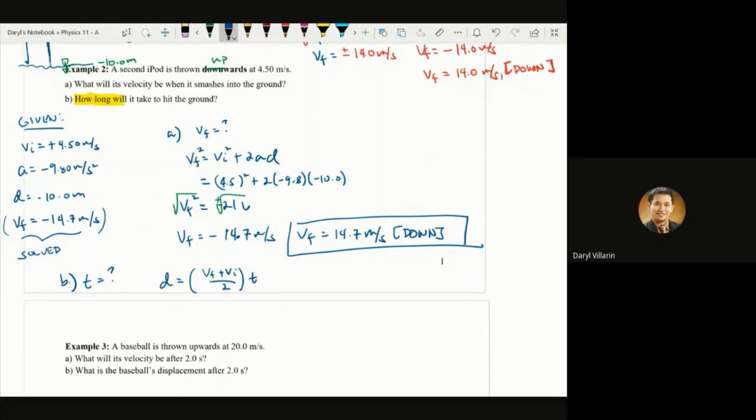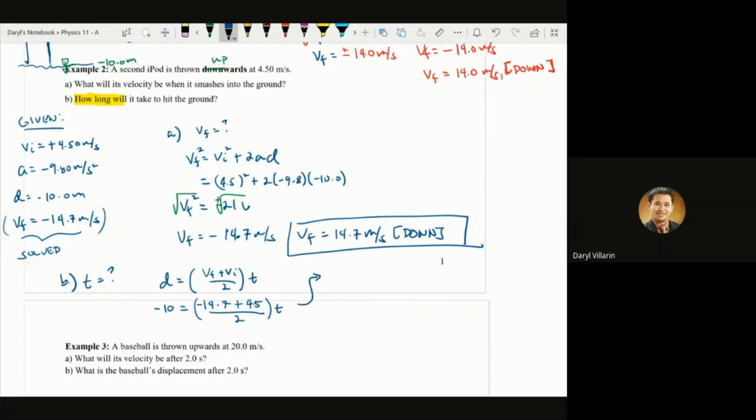So I can solve like this: negative 10 is equal to negative 14.7 plus 4.5, divided by 2, times time.